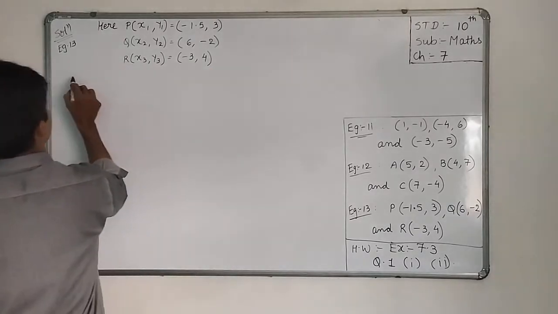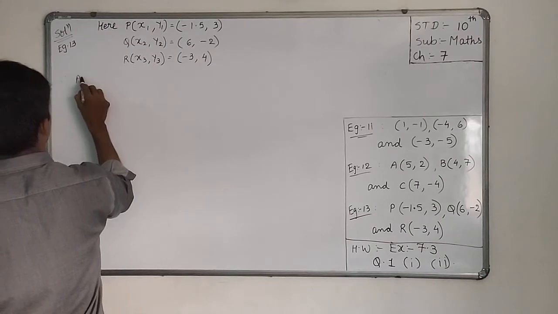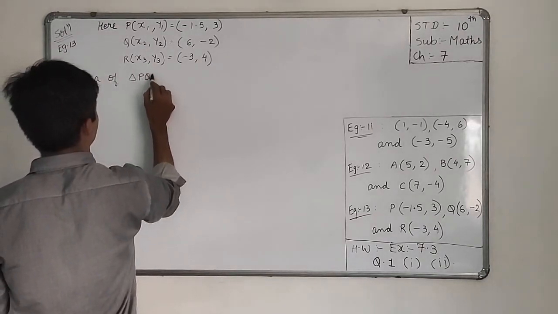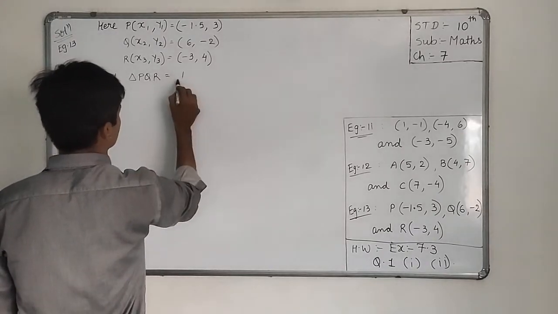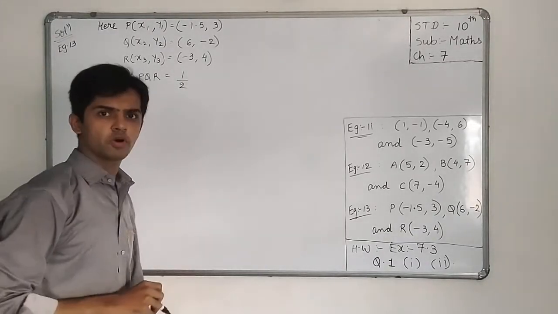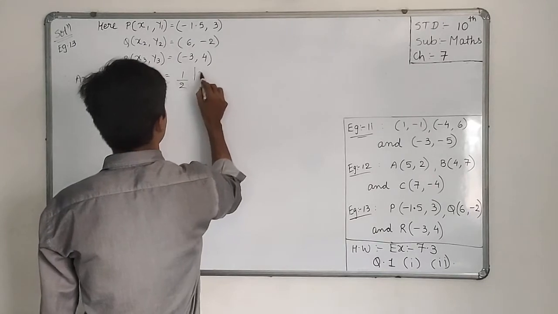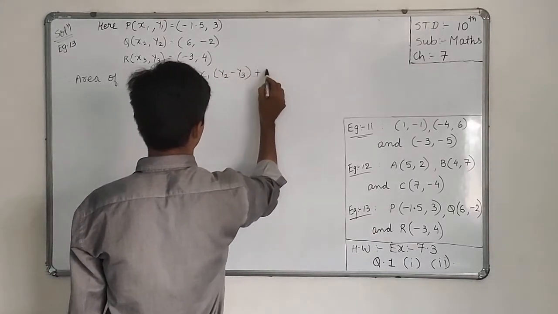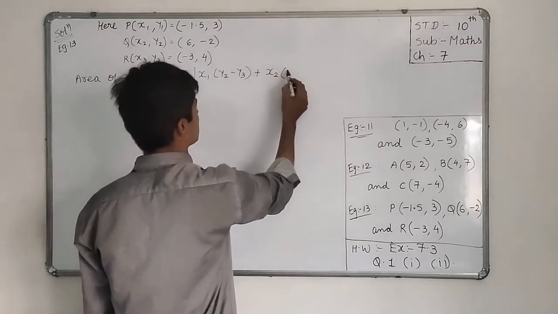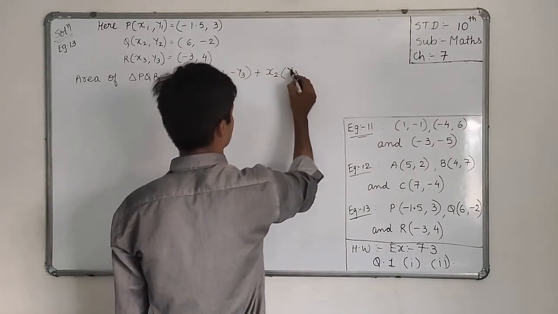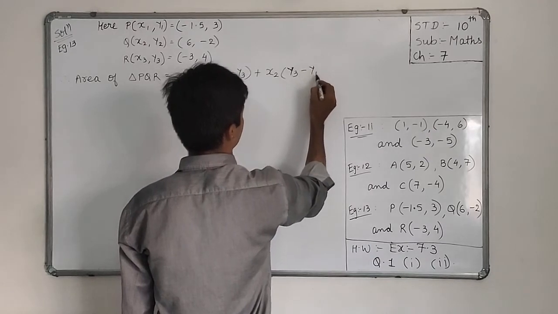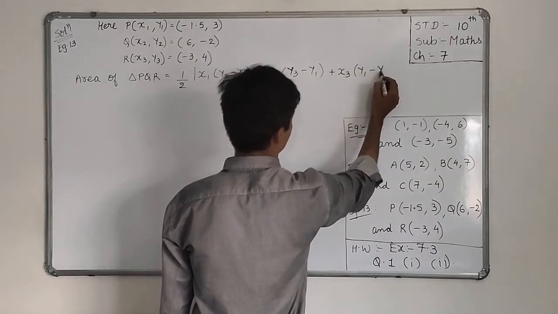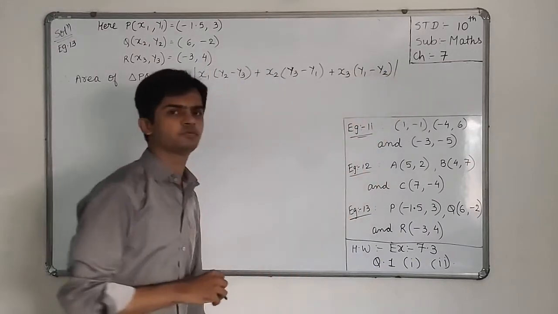Okay. So therefore, the area of triangle PQR can be obtained by the formula half x1 (y2 minus y3) plus x2 (y3 minus y1) plus x3 (y1 minus y2).